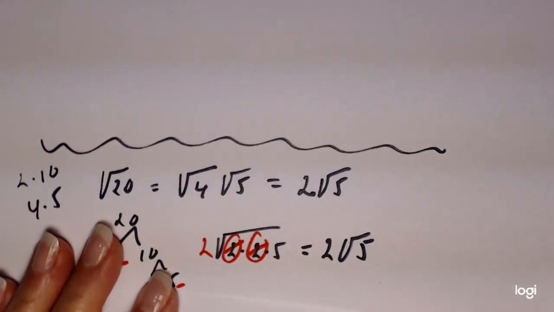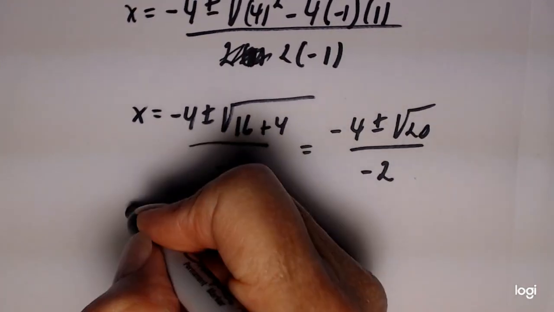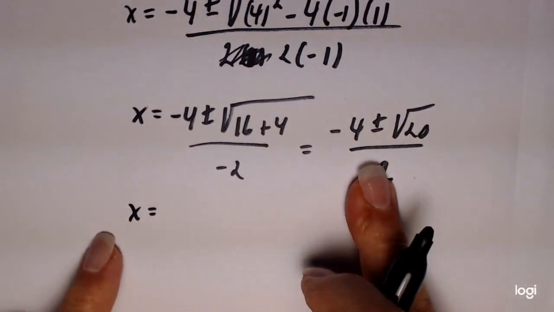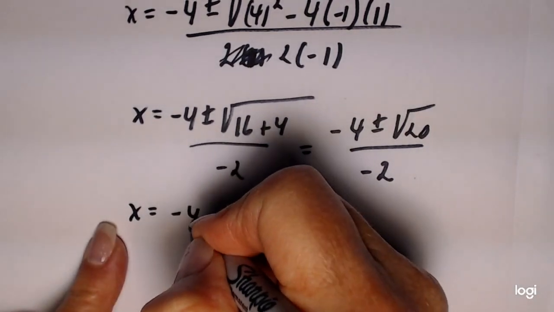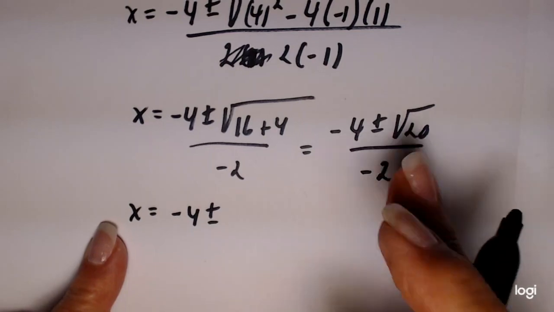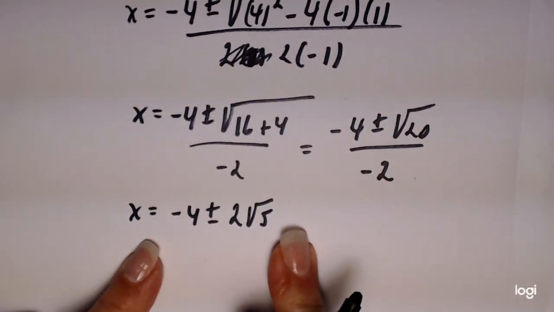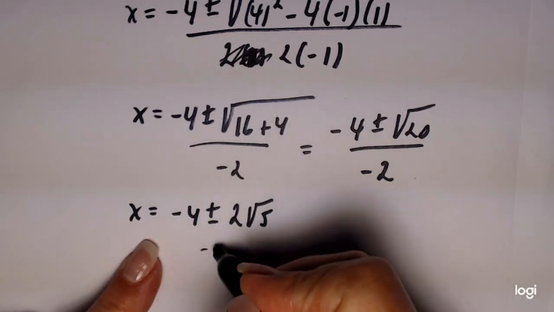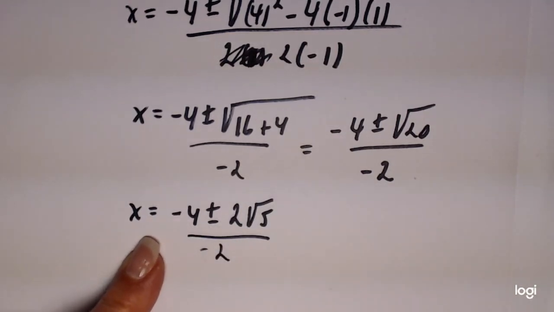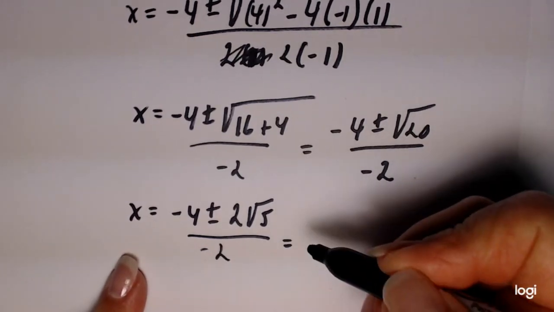So let's go back here. The whole point of doing this was we had this statement here. So we have our negative 4. Now I'm going to replace the square root of 20 with the 2 square root 5 in its simplified form, all over negative 2. Now we can look and consider, can we simplify?